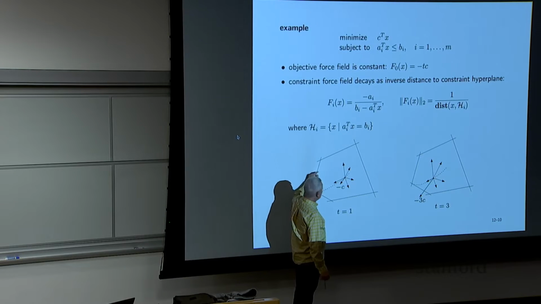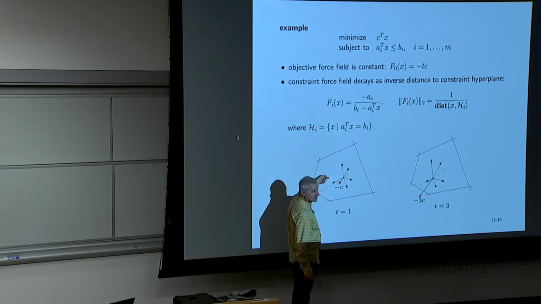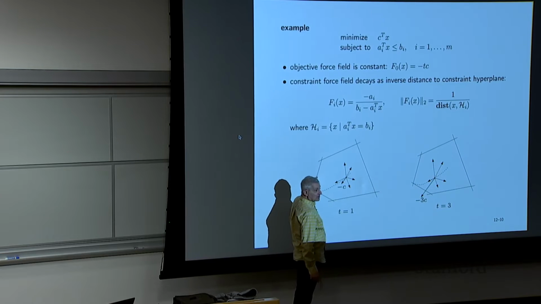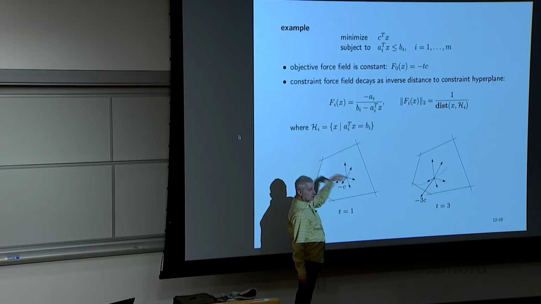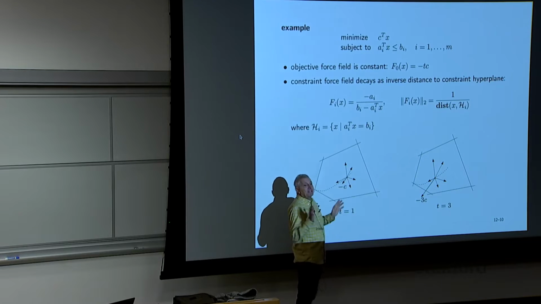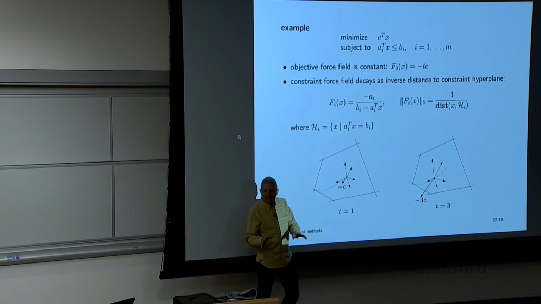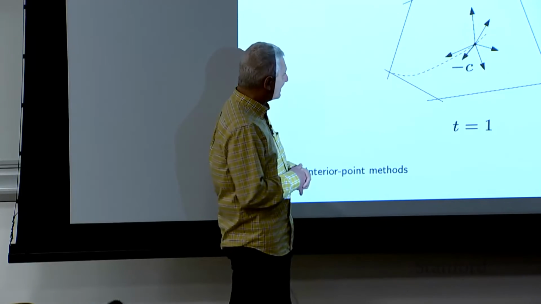If I'm right here, the force is extremely strong and pointing this way. If I'm way over here, it's very mild, but it is pointing directly away from here. As you move closer, you get a much stronger force field. If this helps you visualize this, good. If it doesn't, that's fine too, but just to get the picture.